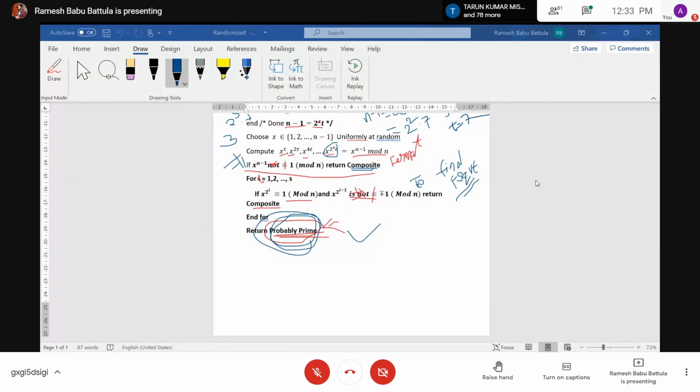Another number I write here: 1 is congruent to x mod 2. These are the numbers I have.